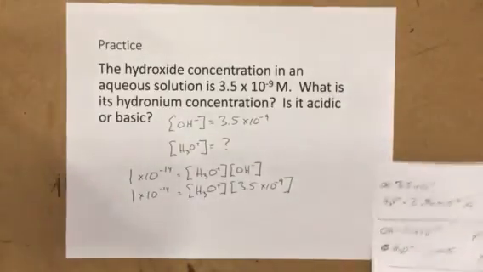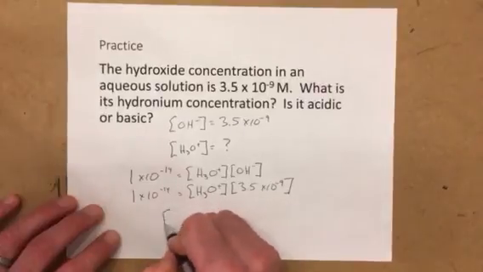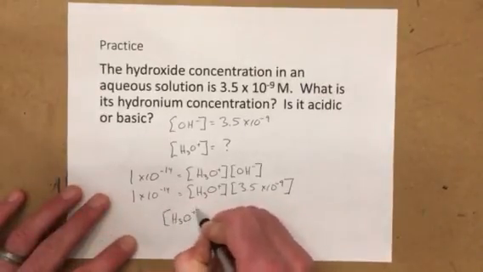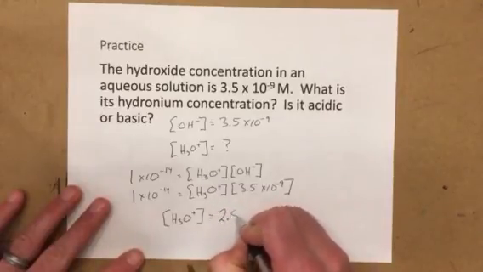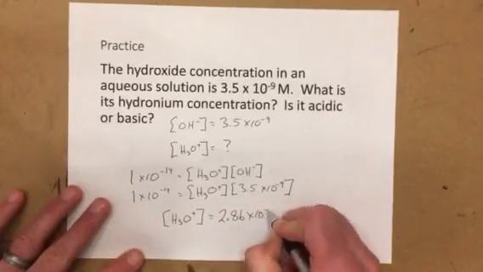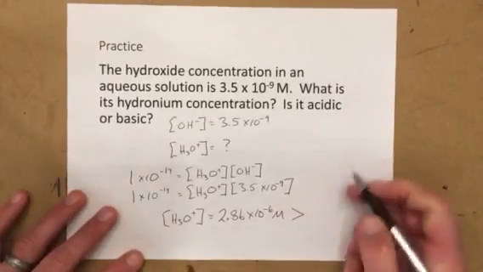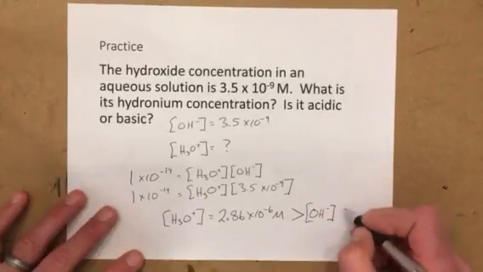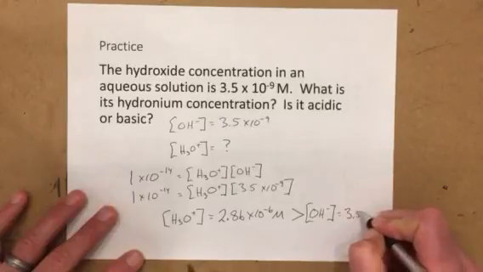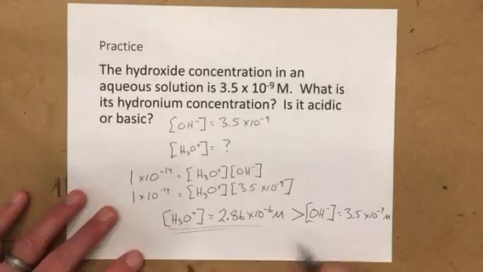And we'll divide both sides by 3.5 times 10 to the negative 9, and you get that the hydronium concentration is equal to 2.86 times 10 to the negative 6. That's the molarity of the hydronium. And you can see that that's greater than the hydroxide, which we had at the beginning, which was 3.5 times 10 to the negative 9. So anytime you have more hydronium, you know the solution is acidic.